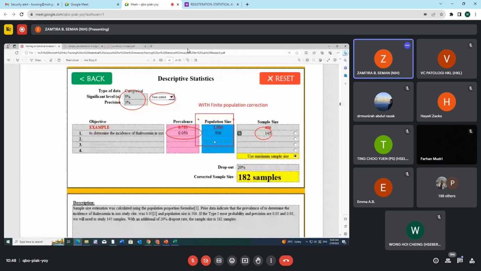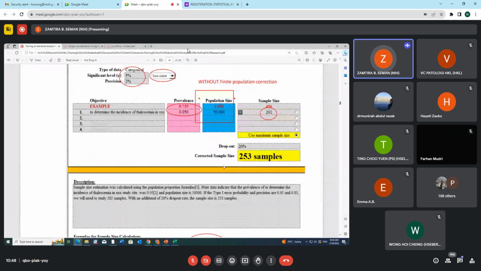Okay. What I like about this calculator is that from this information, it suggests how to write down the sample size calculation in your proposal, in your write-up actually. Okay, from here, if I can read here, the way the write-up is indicated is that the prevalence, to determine incidence, this is our objective, was 0.05 in brackets.